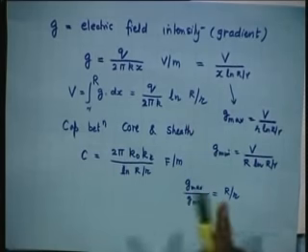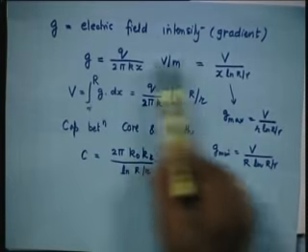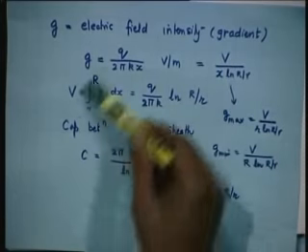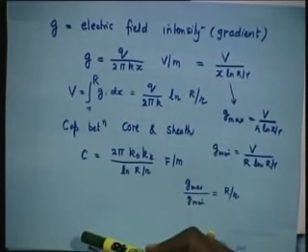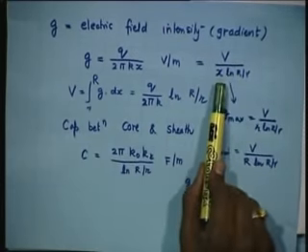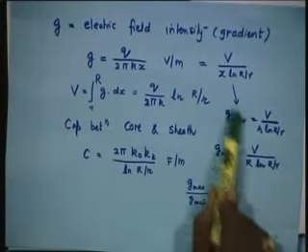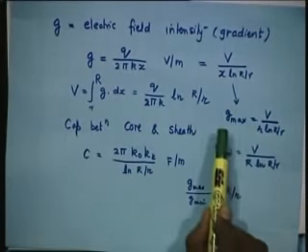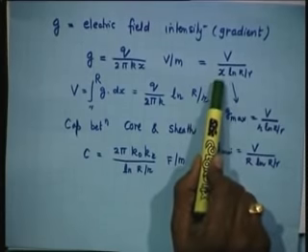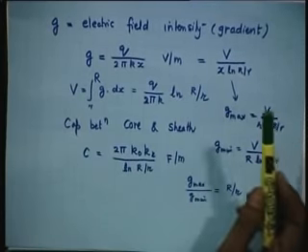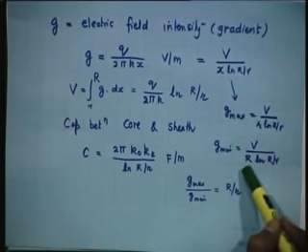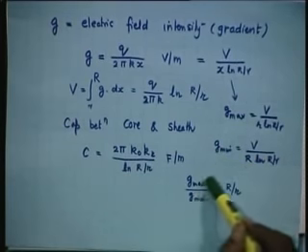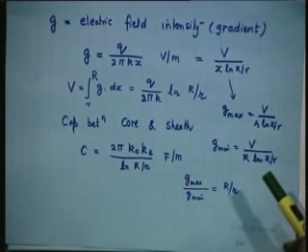You substitute this, G is also equal to, if you manipulate here, V upon x ln R by r. The only variable is x. So, if you want G max, the minimum value of x is r, so you get G max. If you want G min, then you take capital R, and the ratio of G max by G min is naturally R by r.